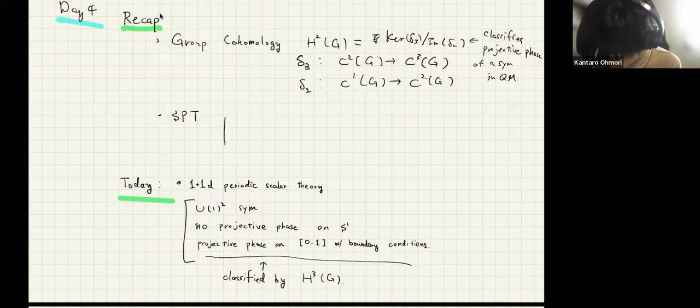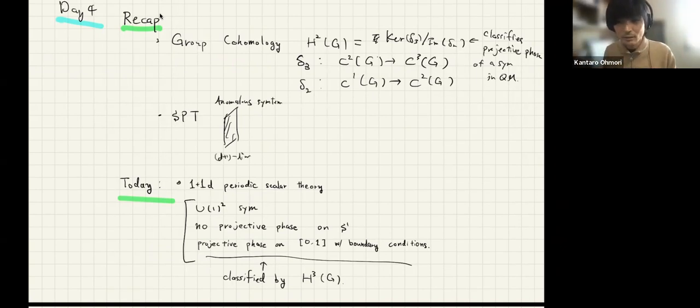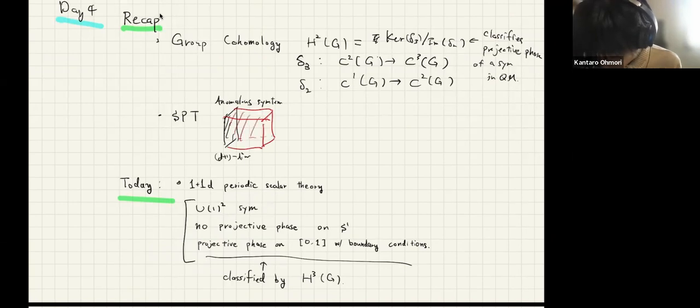Generally, if you have some anomalous system in D+1 dimensions, the hypothesis that researchers in this area generally assume, though it is not proven or even formulated, is that it is actually a boundary of some SPT, a symmetry-protected topological phase, in D+1 dimensions.